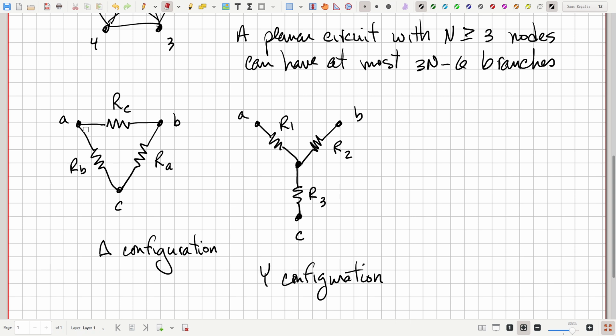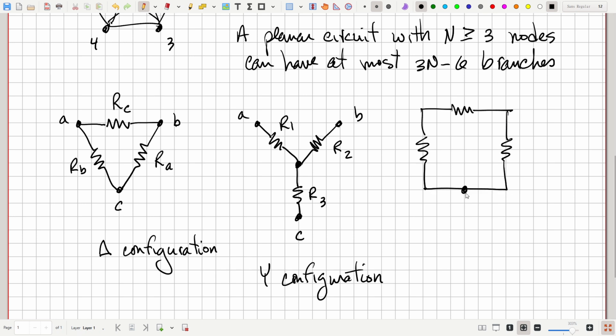Now, we could redraw these. Let's redraw the one on the left. It's pretty often the case on our schematics that we only want components that are either vertical or horizontal, not at an angle. So we could redraw the first configuration like so, without changing the way it's connected.